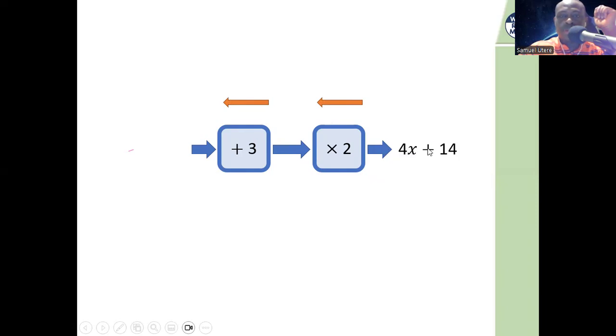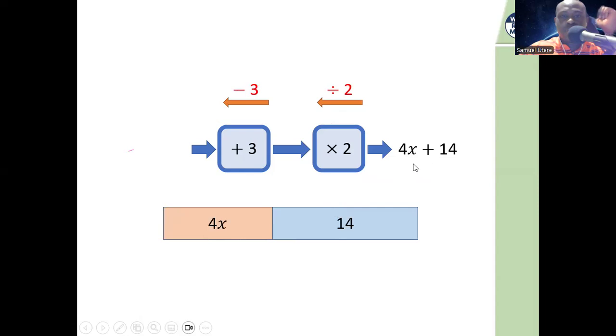That will be 2x. We divide the 14 by 2. So here, in between, that will be fed back into this function machine, which is to add 3, will be 2x plus 7. Now we need to subtract 3 because the inverse of adding 3 is to subtract 3. That now gives us this.